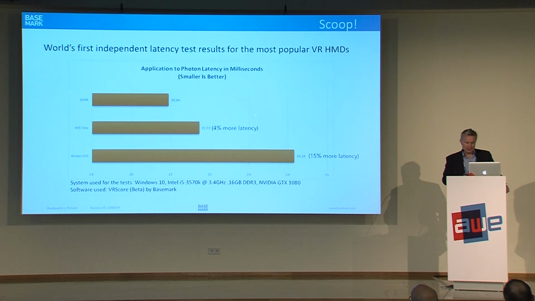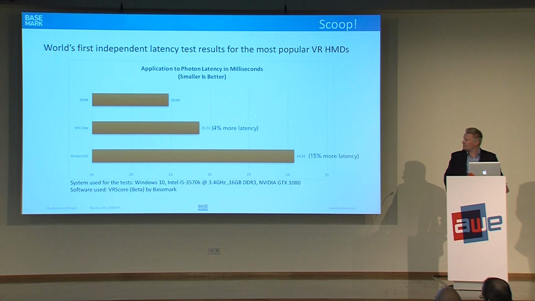So here's the scoop of the day. We measured OSVR, HTC Vive, and Oculus Rift. And you can see that the application to photon latency, even in the best one, is around 20 milliseconds. OSVR is the fastest in our tests.